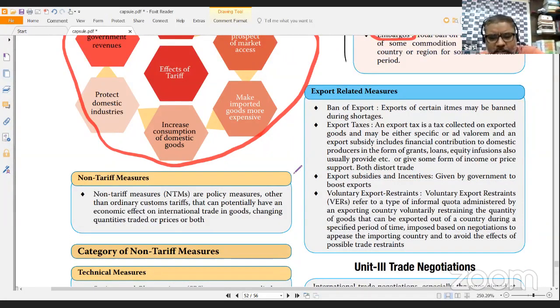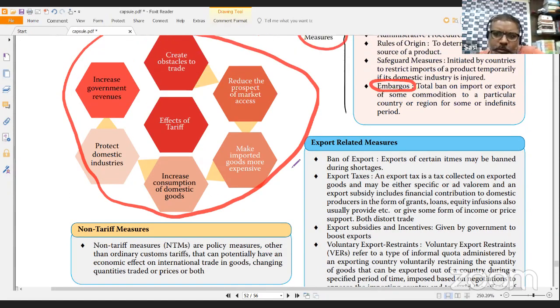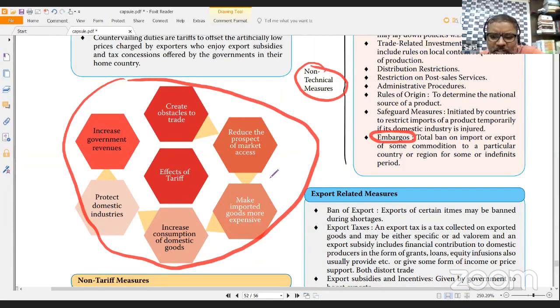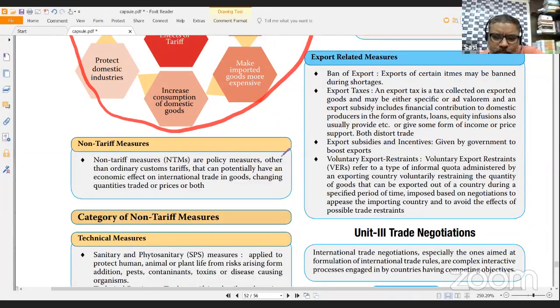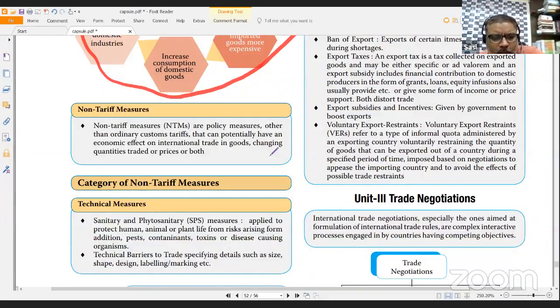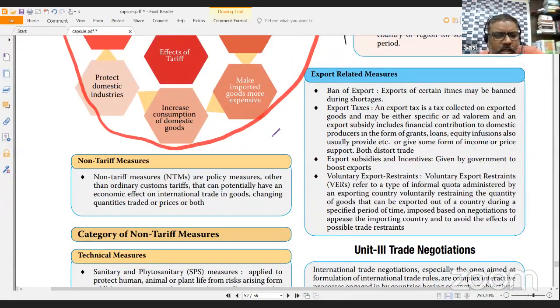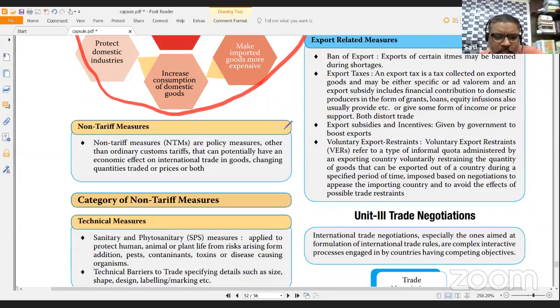Some countries are under embargo from other countries. There will not be any trade between them. All imports and exports between them are banned. That situation is called embargo. It is common, particularly in international politics, to impose this when another country is posing some threat to the security of one country. So that also happens in international trade.